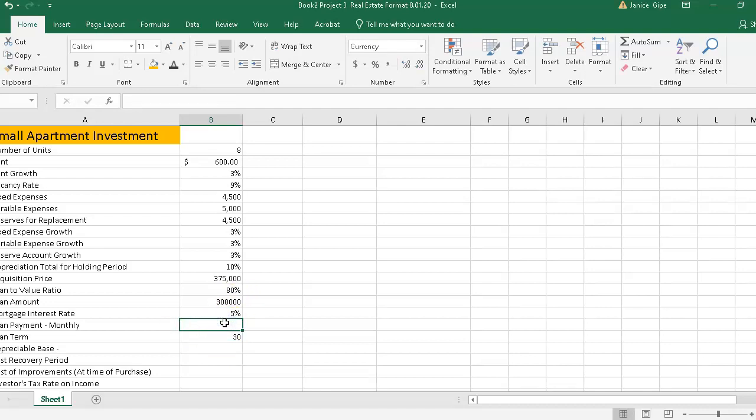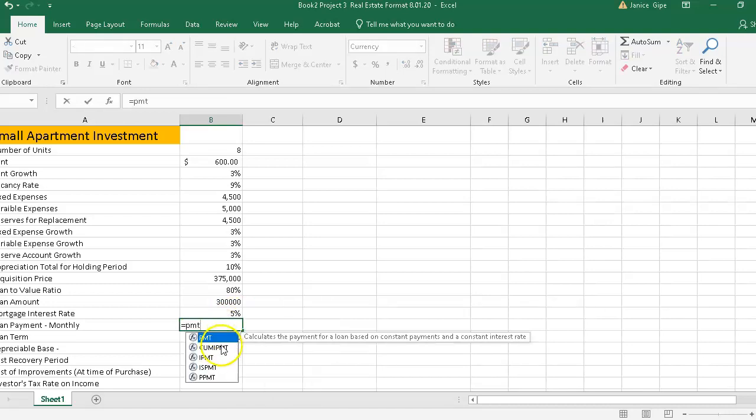And let's go back and try that again. So it's equal to the payment function. The rate is 5% divided by 12, and then the term is 30 years times 12 months in those years, of course.